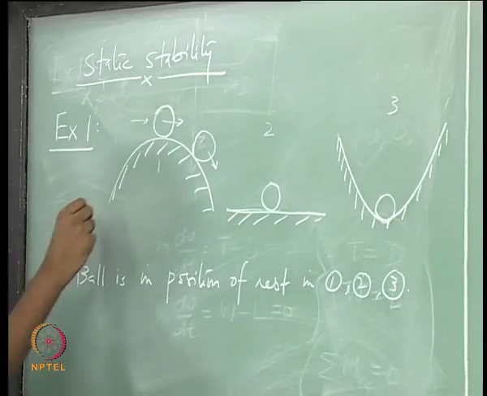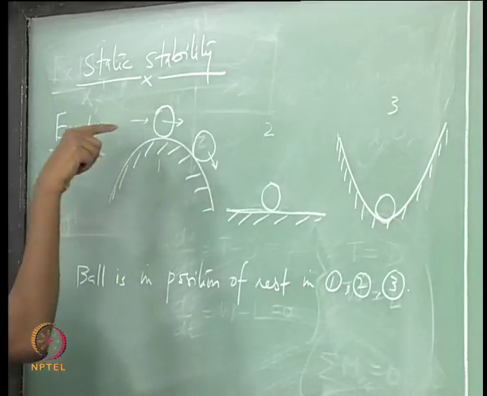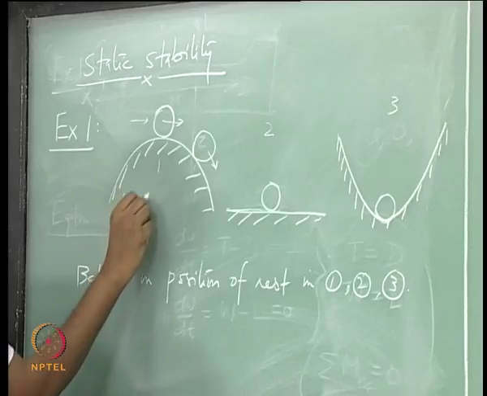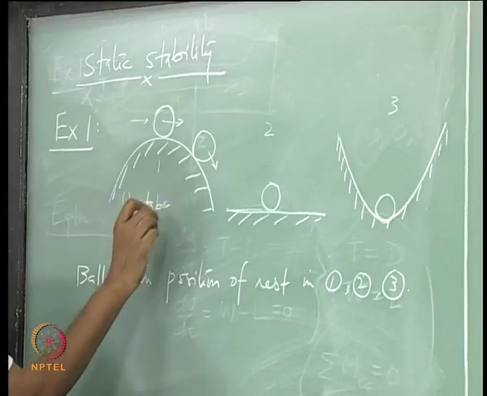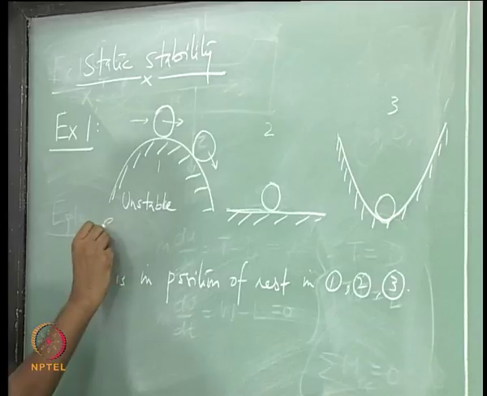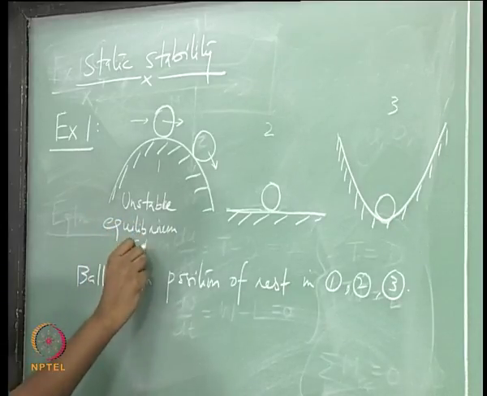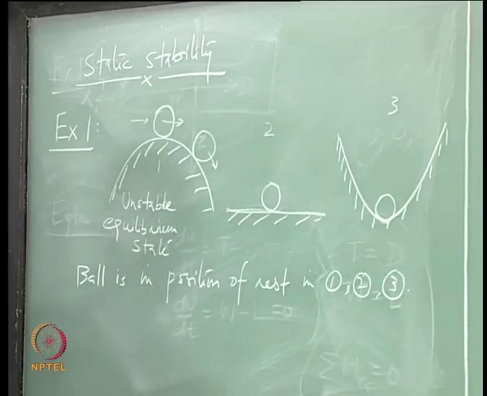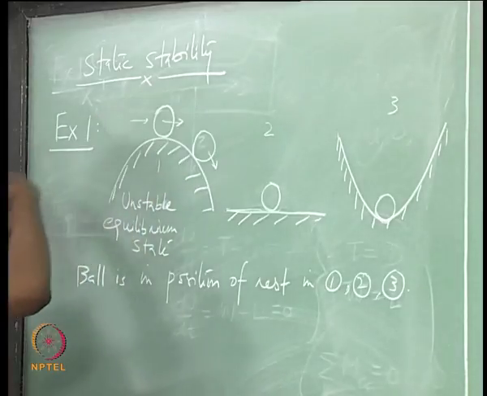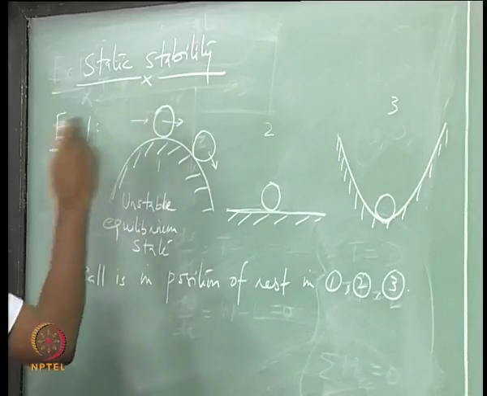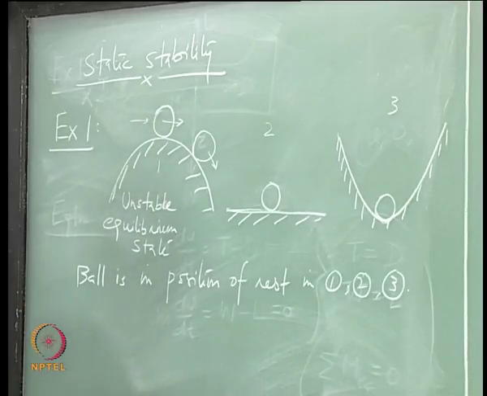When this happens, we say that this equilibrium position of this ball is unstable. When you hit it from the other side, it is going to fall to the other side. So, this position of equilibrium is unstable for this ball.